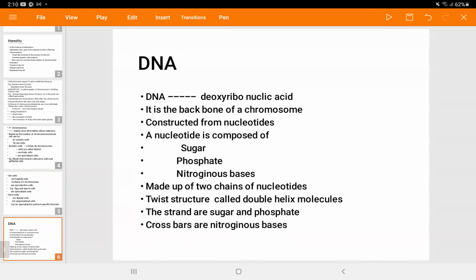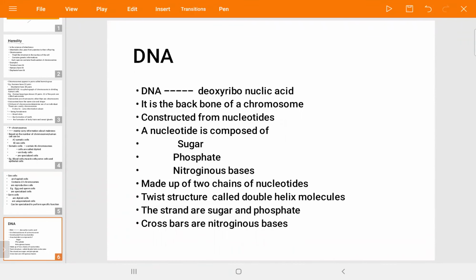A DNA molecule, which is a polymer, is made from these nucleotides. Basically, a DNA molecule consists of 4 different nucleotides. The sugar and the phosphate group are common in all the 4 kinds of nucleotides. Then a DNA molecule is a polymer of 4 basic nucleotides.